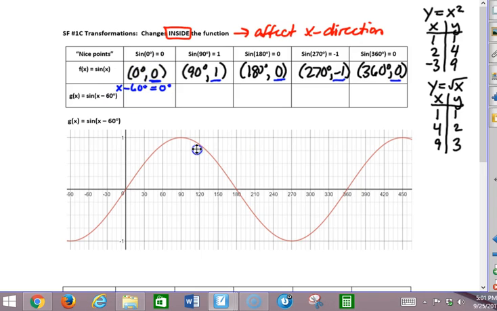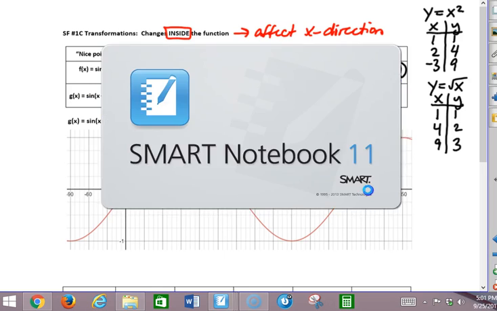So I need x to be equal to 60 degrees. Because if I put 60 degrees in this function, I would have sine of 60 minus 60, which is sine of 0 degrees, which would give me 0. So my point, instead of being 0 degrees, 0, now with my new function is 60 degrees, 0, which is the point right here. So this point has moved over to here.